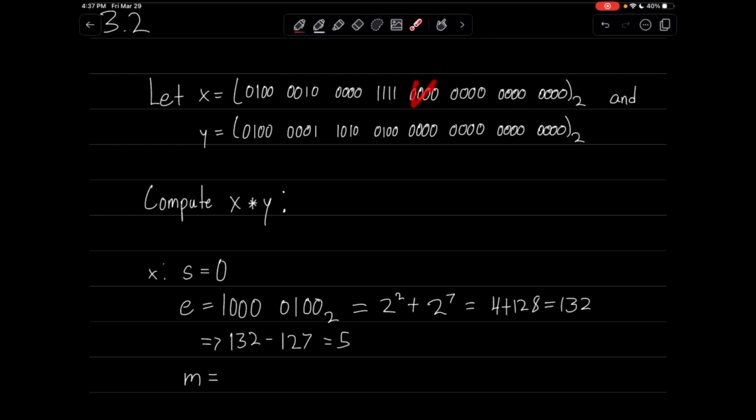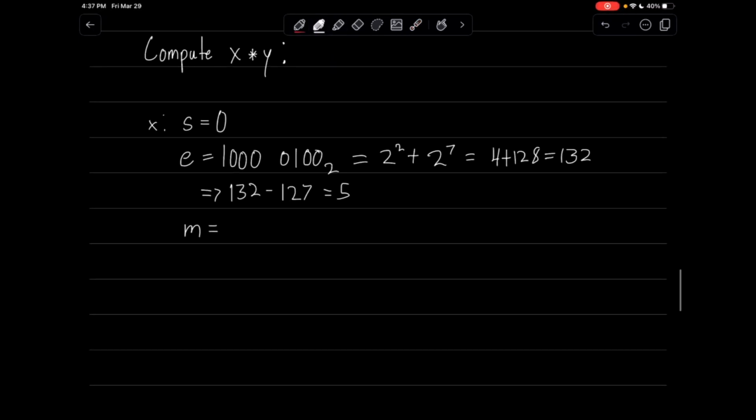So not copying down these numbers isn't going to change our result at all. So I'm just going to omit these and just copy down the bits that matter, right? So we stopped at this bit, so I want to copy down these zeros and these ones because these zeros are useless, right? So our mantissa is 0 0 0 1 1 1 1.